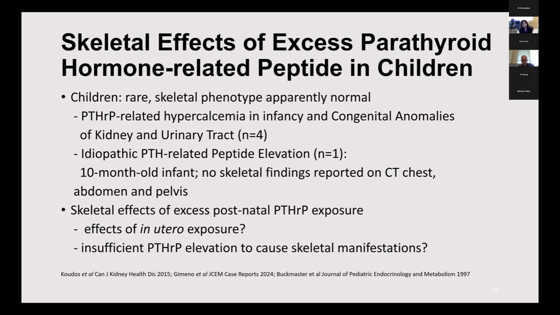I could only find 4 cases where both PTH and PTHRP levels were reported in these patients, and there was no apparent skeletal phenotype reported. More recently, there was a case report of a 10-month-old infant, and again, no apparent skeletal findings on the pan-CT that was performed.